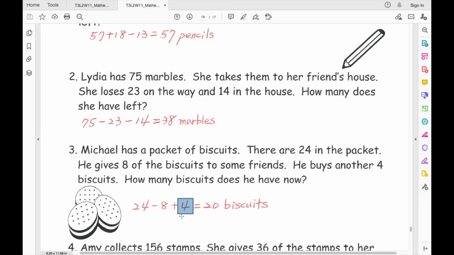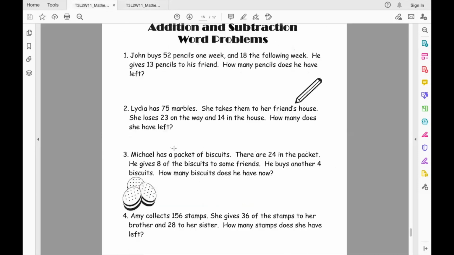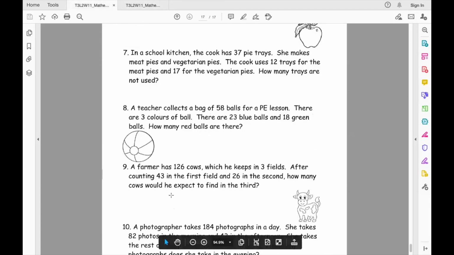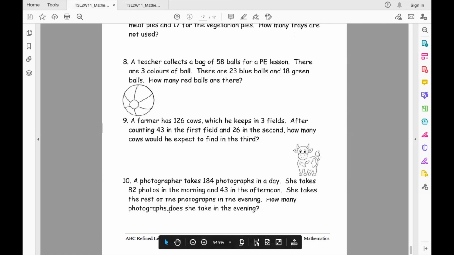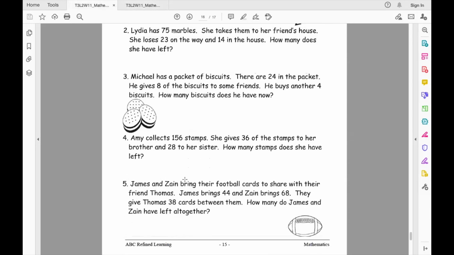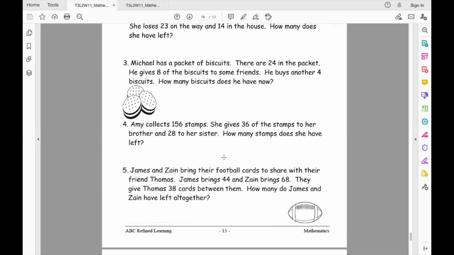So you have to write these number sentences and work it out for these types of questions. Now, can I get you guys to try question 4, 5, 6, 7, 8, 9, and 10 for homework? And we'll be double checking how you went for these questions.